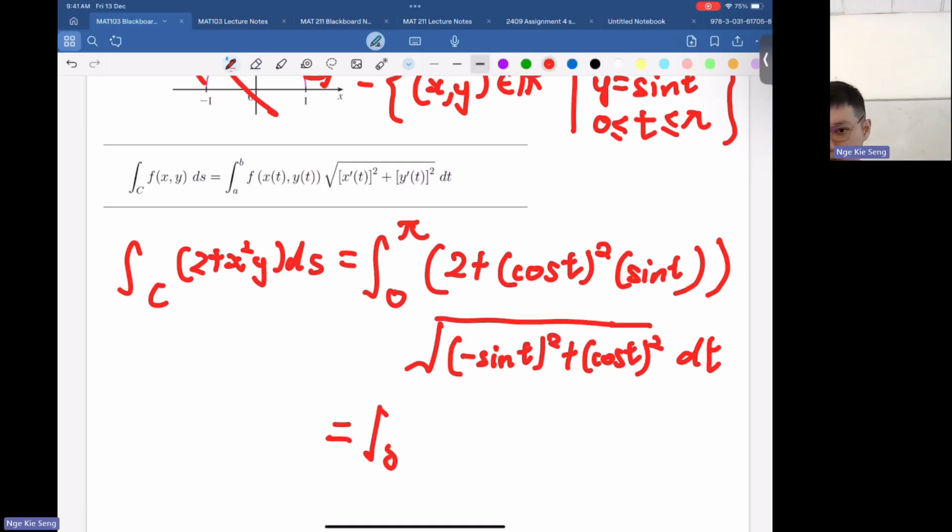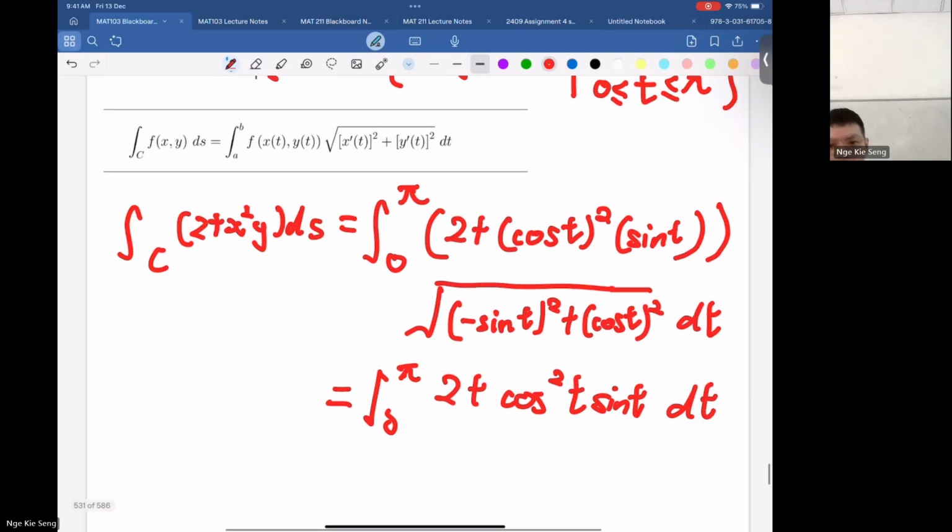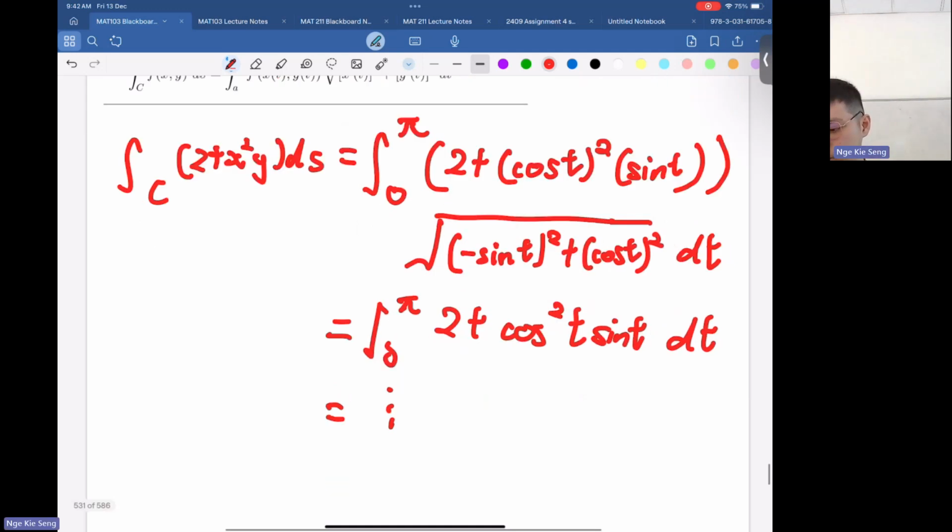Try and compute. Spend some time to compute this so that you get an idea what you were computing. Can you try and compute what you get?